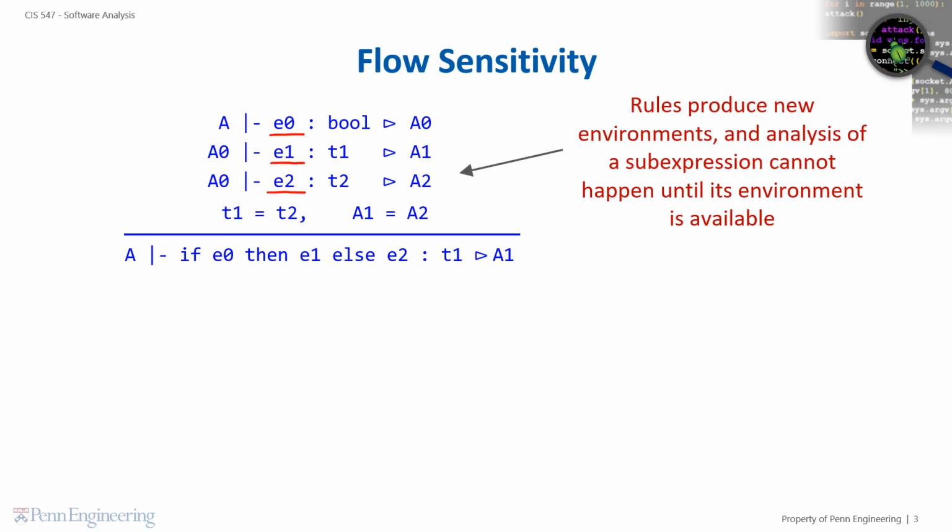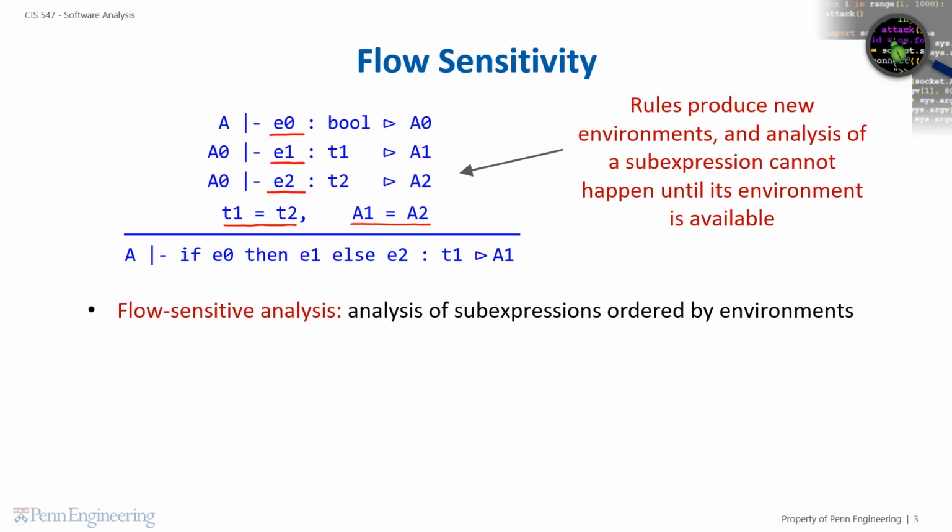We would then need to solve the side condition that environments A1 and A2 are equal, in addition to the previous side condition that T1 equals T2. In order to prove that under the environment A, the expression if E0 then E1 else E2 has type T1 and output environment A1. This kind of analysis is called flow-sensitive analysis. The analysis result depends on the order of statements in the program.